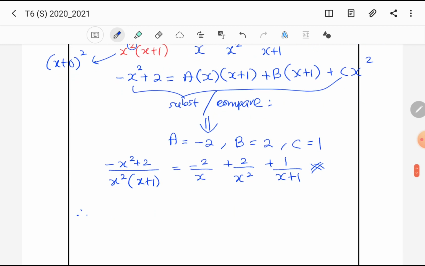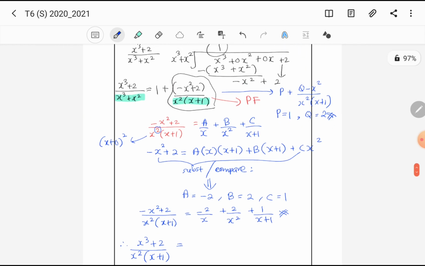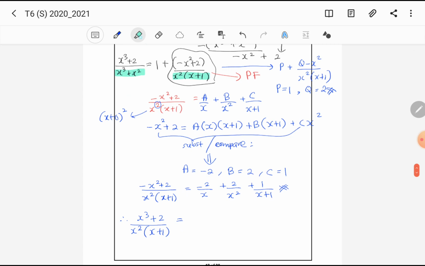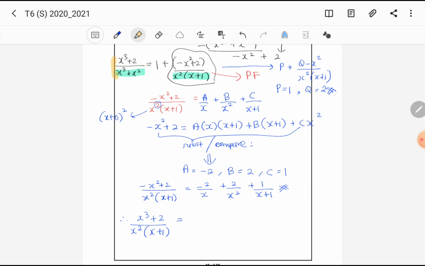And final answer, kita back to yang apa? Yang original fraction yang improper tadi. So we have x cubed plus 2 over x squared x plus 1 equals to, okay, tengok balik mana yang long division kita tadi. Kat mana long division? Yang sini tadi.